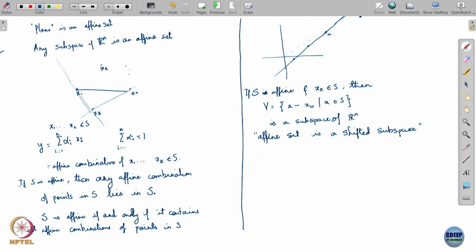So, if U is a subspace of Rn, then there exists some matrix A in R^(m cross n) such that U is the same as the null space of this matrix.